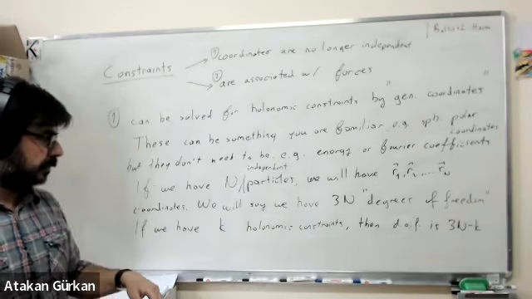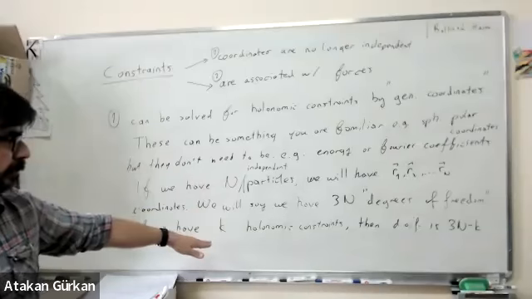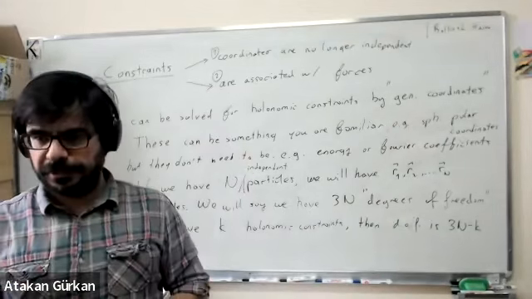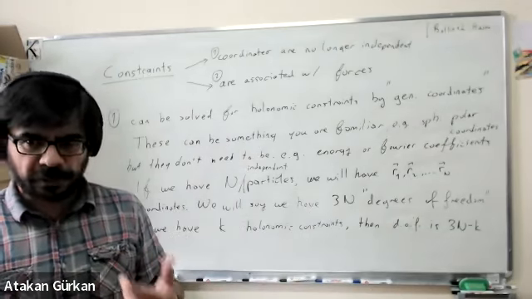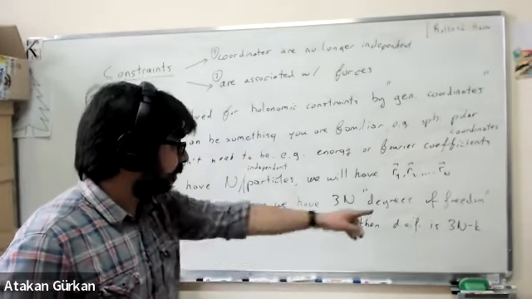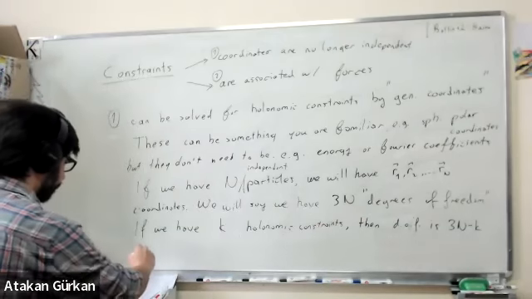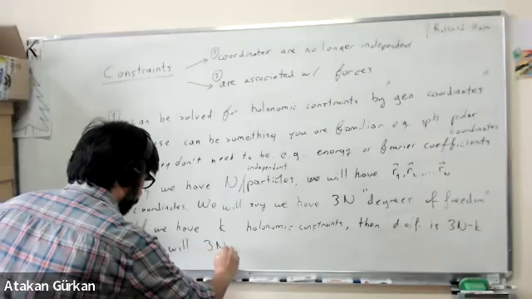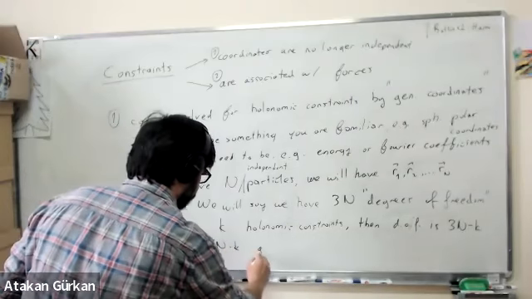Well, not really, but we'll have a number of kinematic relations, and then the degrees of freedom is going to be 3n minus k. Okay? And we will have 3n minus k generalized coordinates.